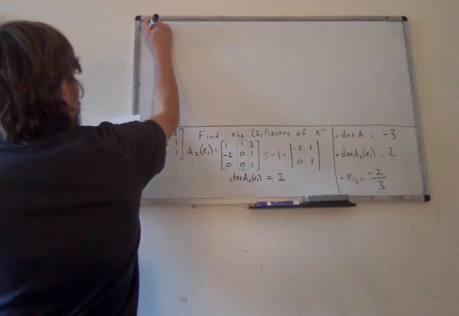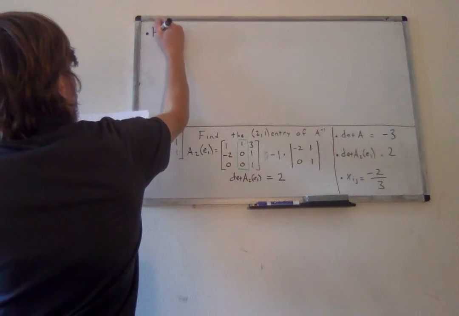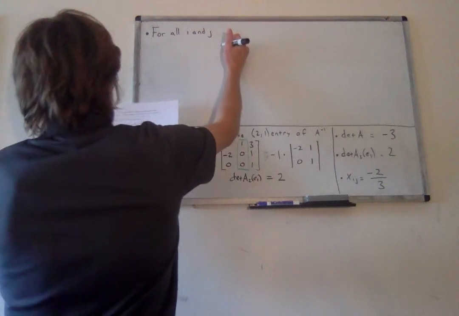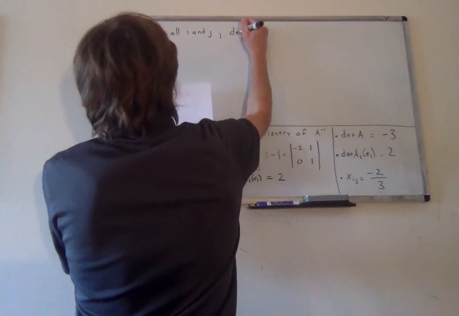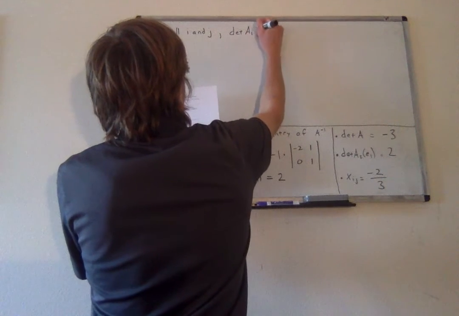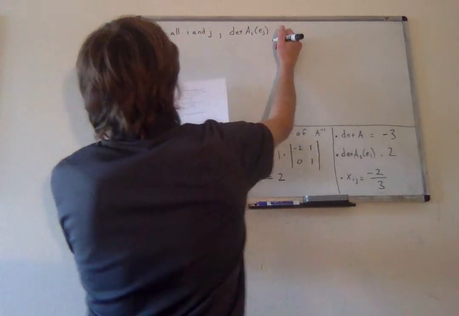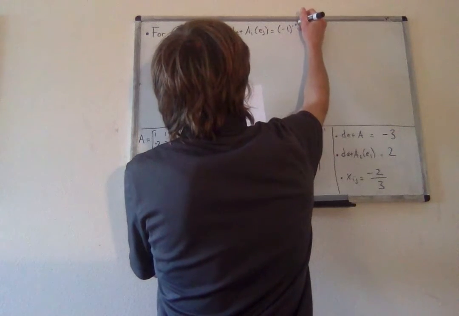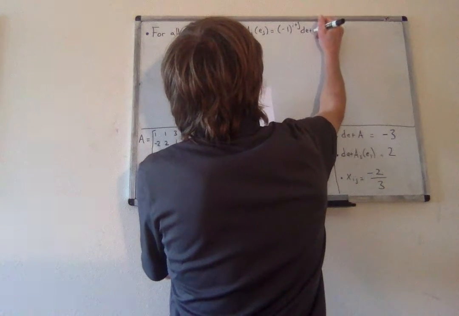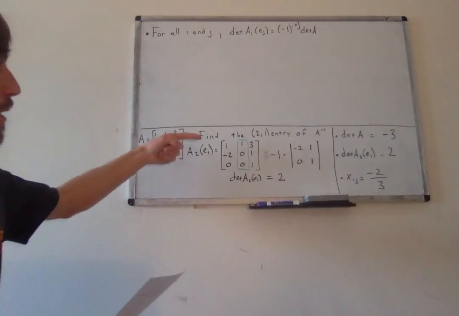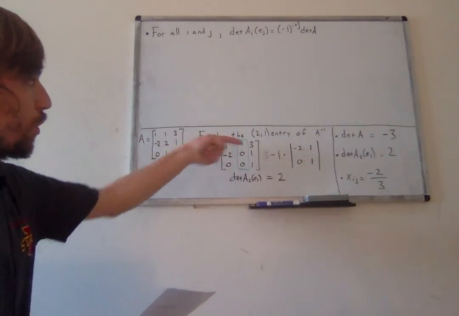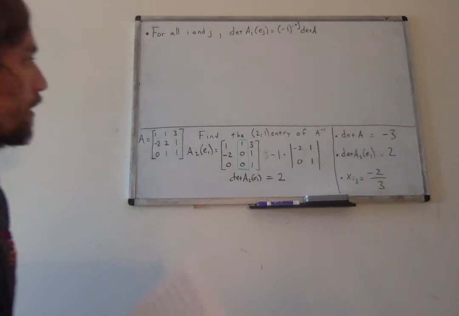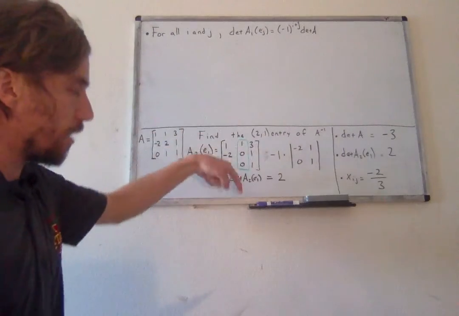So it turns out that for all i and j, the determinant of the matrix where I replace column i by the standard basis vector e sub j is just negative 1 to the i plus j times the determinant of the matrix where I deleted column 2, row 1.